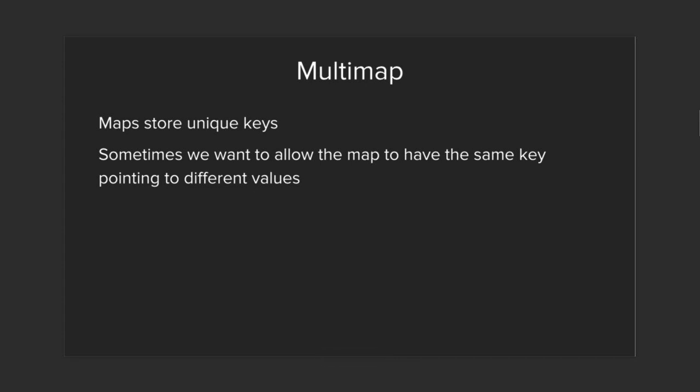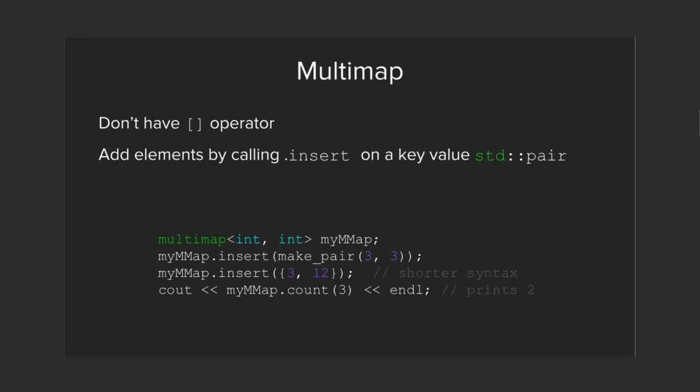Not very complicated, so we're going to keep them short. In general, the regular map stores unique keys, but when we do want the same key to have different values, we have this data structure called a multimap. There is no longer the bracket notation, because if you tried to access the multimap based on some key, it wouldn't know which value to return.